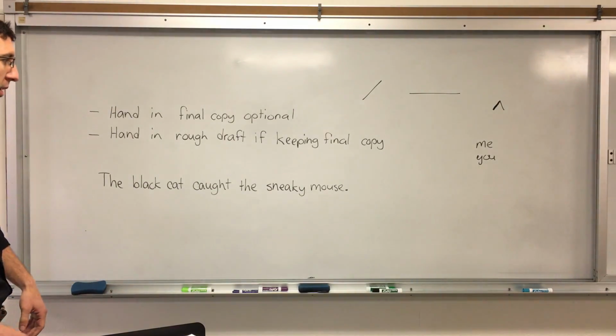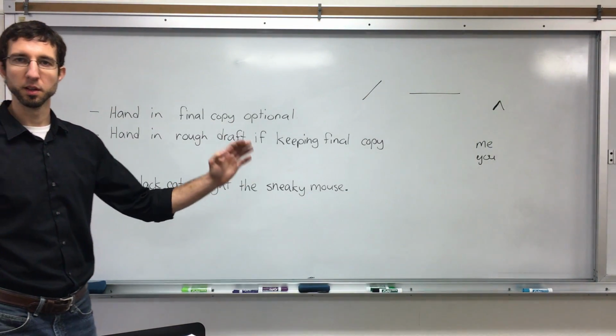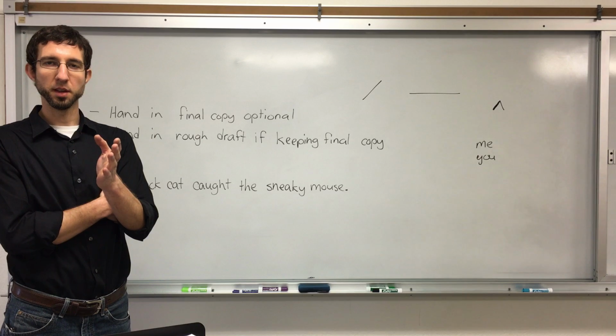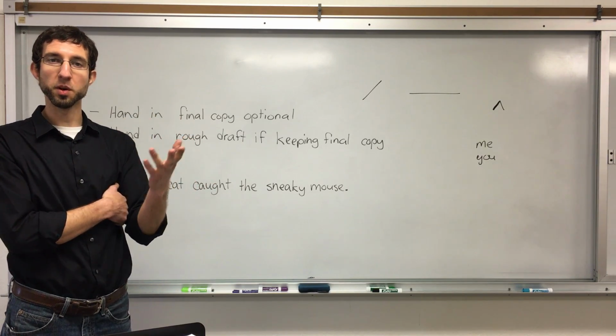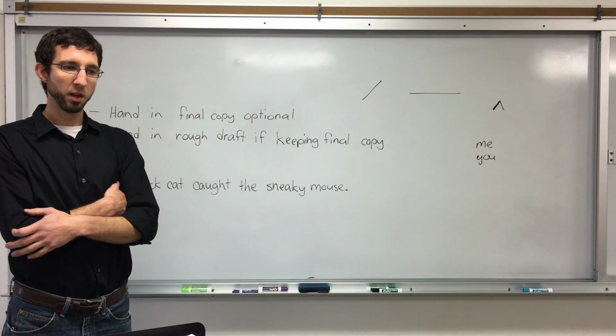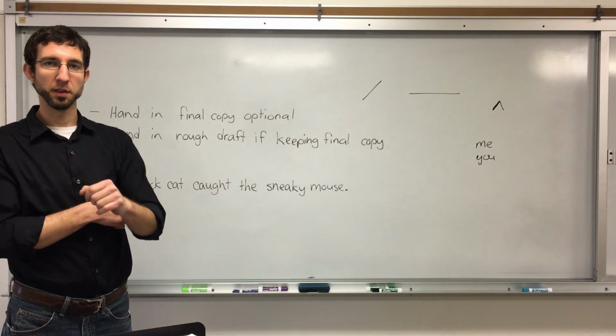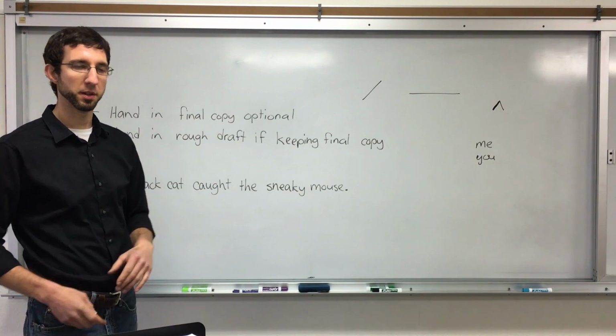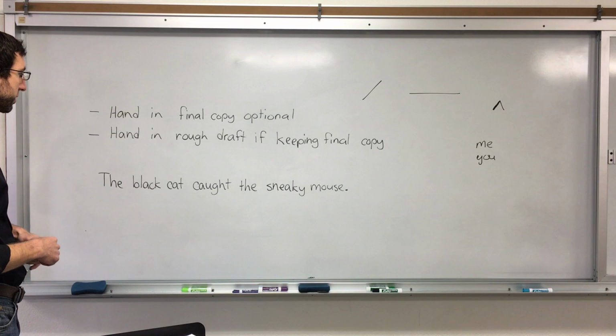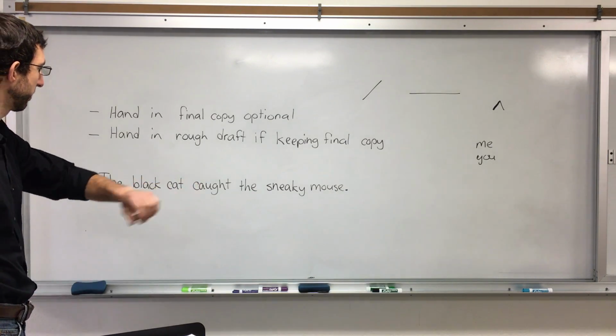So finding direct objects is pretty easy if you follow the steps and ask the question. You ask the question, whom or what, after you find the verb and the subject.